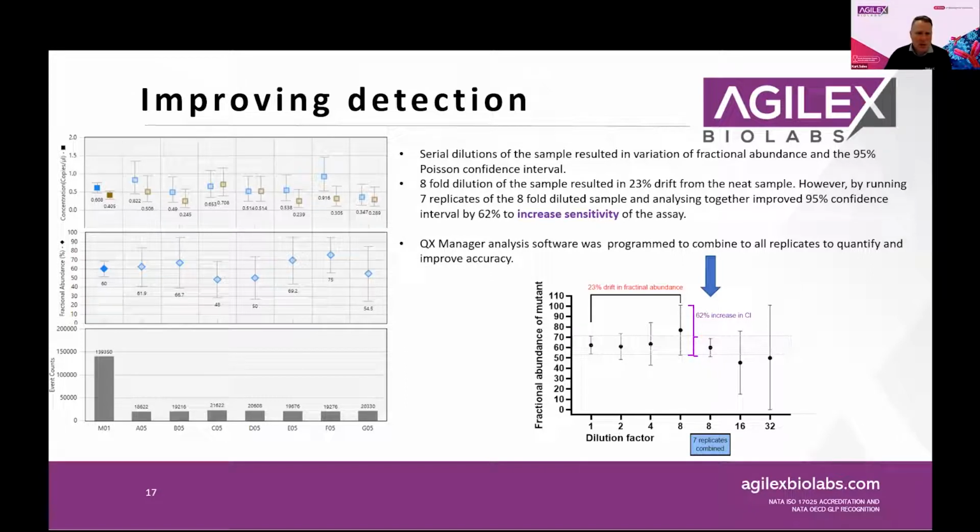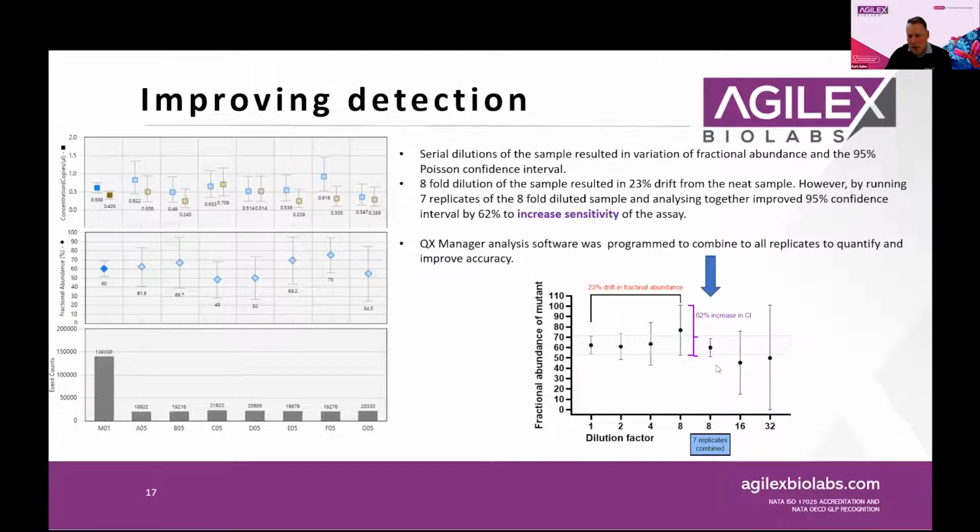So that's what we did. We took the sample down to 8-fold dilution, as you can see here, and from this graph you can observe that the fractional abundance really is impacted at that lower dilution. But the minute we increase the number of replicates, we can increase the confidence right down.